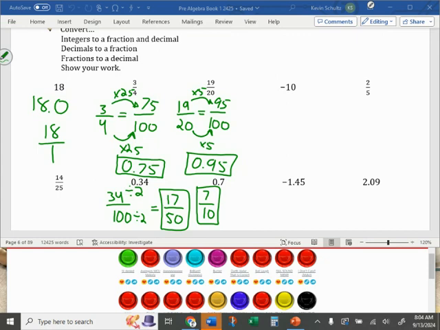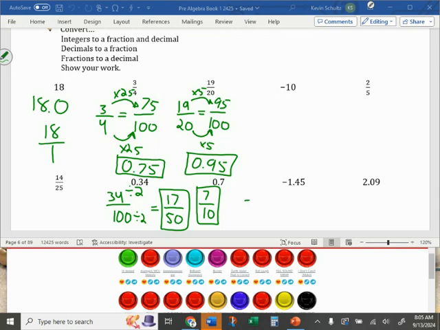Okay. The next one's got a whole number out in front. Oh boy. But we're still looking at the place value of the decimal. What place value does that decimal go out to? Hundredths place. Okay. But instead of just 45 over 100, we do have a whole here. So what's our numerator going to be? It's going to be an improper fraction because we have more than a whole. Madeline? Very good.